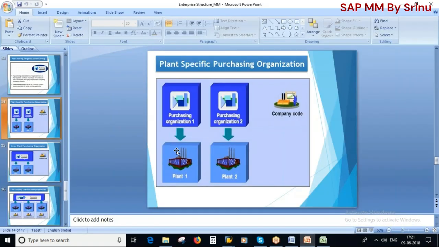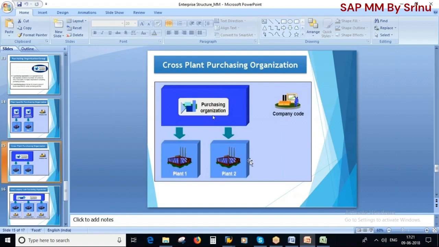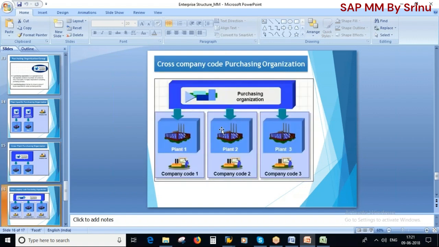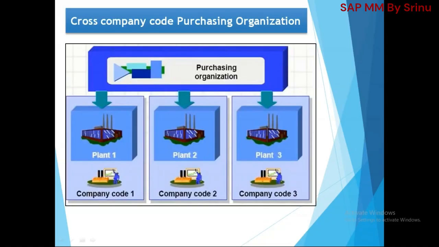So either it is plant specific or cross plant. Now the other one is cross company code purchasing. Let's say you have a purchasing organization that takes care of purchasing of plant one, which belongs to one company code, and also takes care of purchasing of plant two, which belongs to a separate company code two.